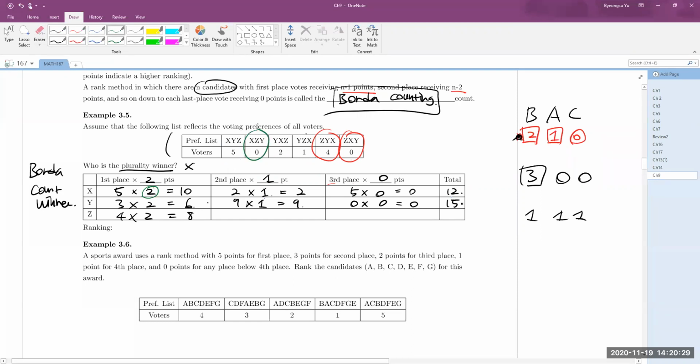In these green ones, G is in second place, and there is only 1 voter who thinks so, so G got 1 point from the second place. And in the blue circles, 7 people think that G is the worst choice, but in this case G only gets 0 points. So G gets 9 points from this vote counting, right?